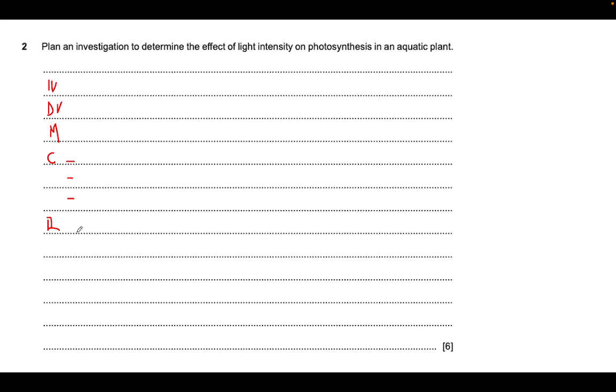All right? And lastly, you talk about safety precautions. And since we are dealing with plants and all that, we can use gloves and all that. So, don't change anything. Talk about your independent variable, which is what you're changing, dependent variable, which is what you're measuring, the method that we're using, and also the control variables.